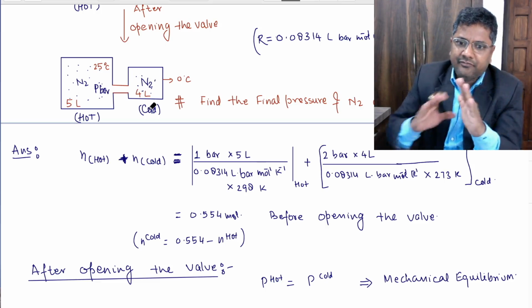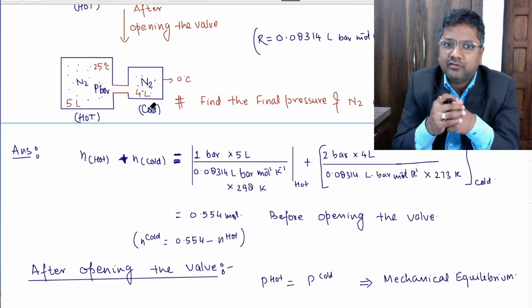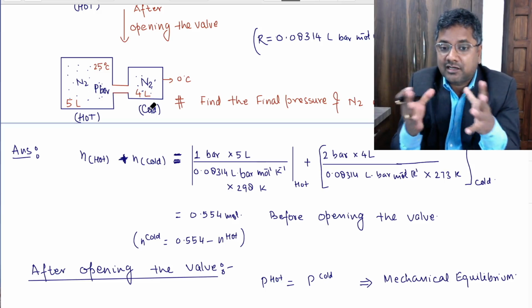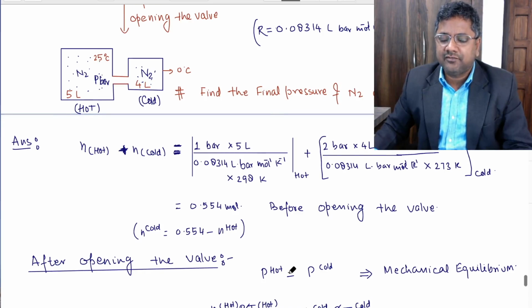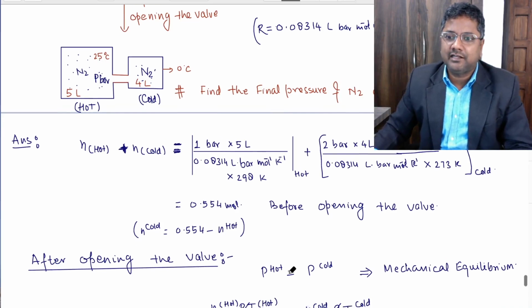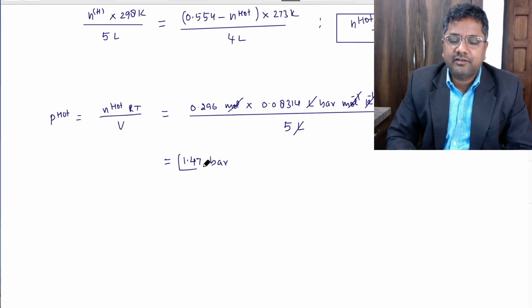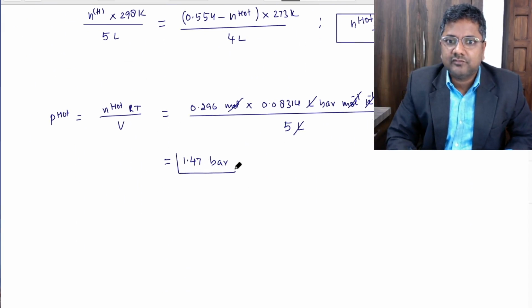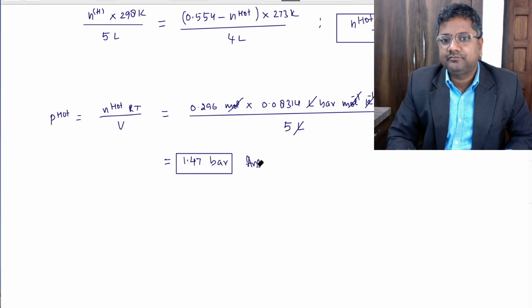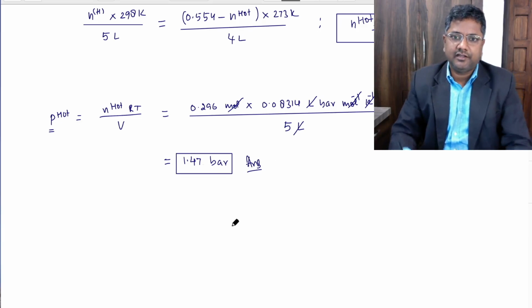Although with respect to temperature they are different, the pressure becomes equal in both parts, right? So this is the concept of mechanical equilibrium, right? So this is the answer. 1.47 bar is the pressure after opening the valve and attaining the equilibrium. So this is the pressure in the 5 liters container, right?